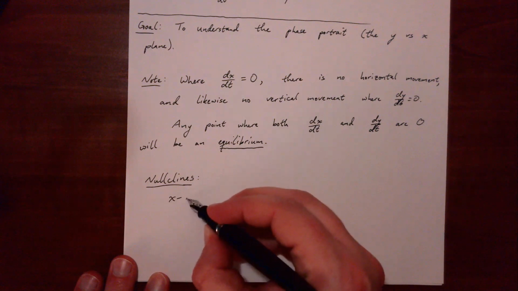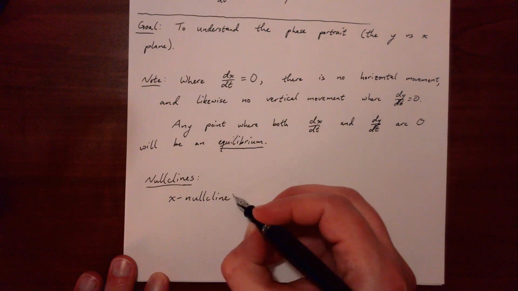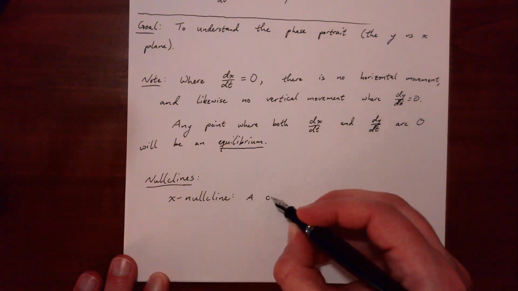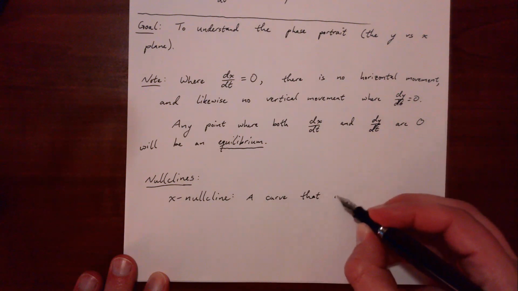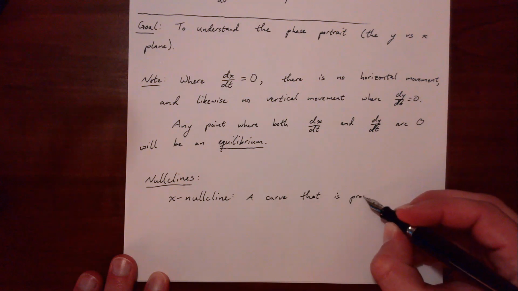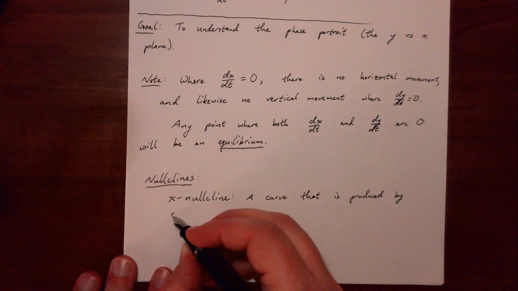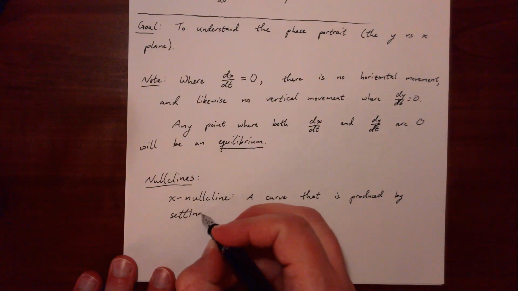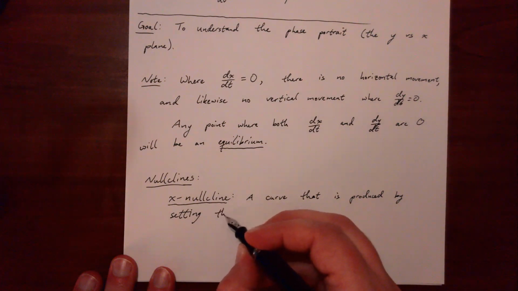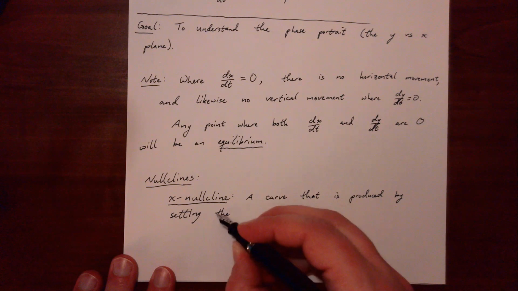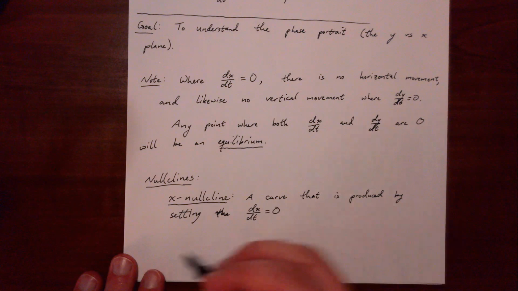So the x nullcline, or the x nullclines, this is a curve that is produced by setting dx/dt equal to 0.